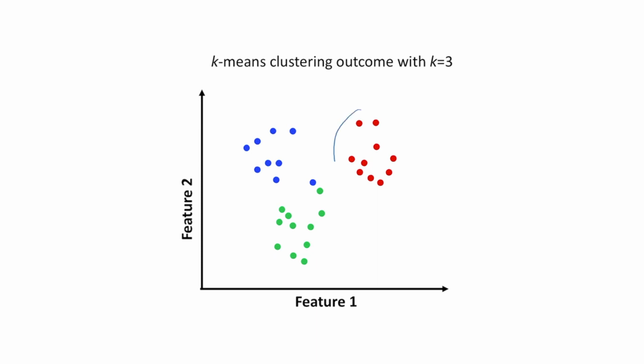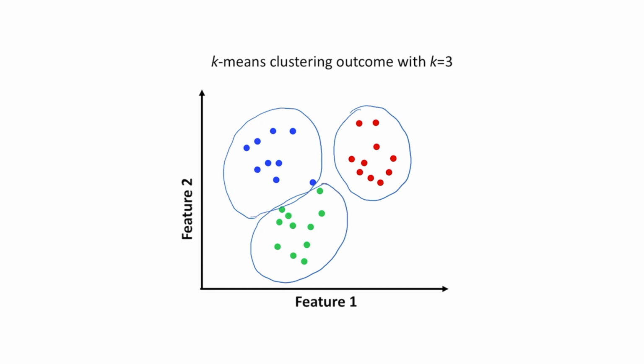So we can say that these points are in one cluster, these points are in another cluster, and these points are in another cluster. Of course, in addition to cluster assignments for every data point, k-means will return the cluster centroids. So cluster centroids will become another output of the algorithm.